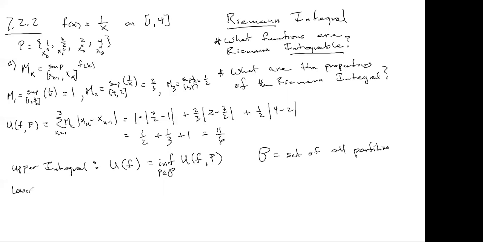And then we have the lower integral, which is the same thing, except now we want the supremum of all of the lower sums. And then we say that the function is integrable if the upper integral and the lower integral are equal to each other. And we say that the value of the integral is equal to whatever that value is that those two are both equal to.